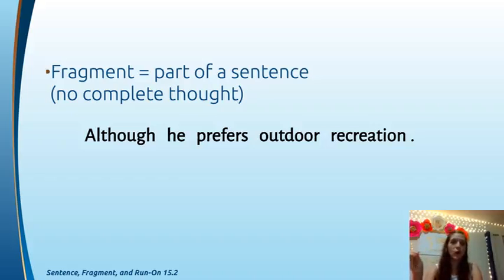No, guys, be careful. Because when you put that word although, it's like a pesar, right? You start it like that, a pesar que él prefiere, etc., and you don't finish it. So although he prefers outdoor recreation, what? That is now a beginning of a phrase, not a beginning of a sentence. So this would be called a fragment.